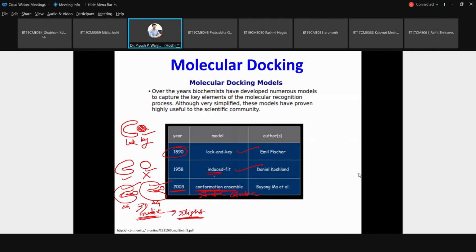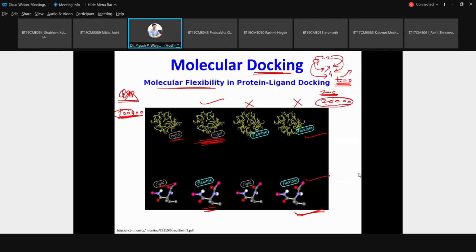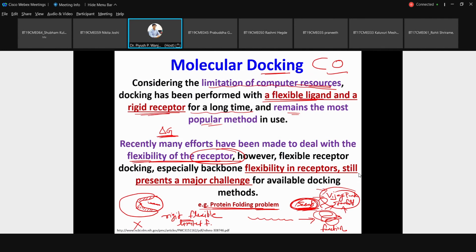This is somewhat related to the earlier theory, that there can be induction in the structure even after fitting. But even without something else coming closer, the structure can be flexible and it can adapt different conformations. So this is what the third theory says: when you are considering docking, it is not just one particular shape.